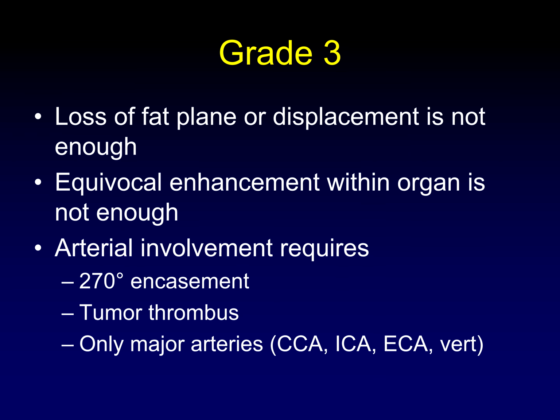So a couple of points about grade 3 iENE: the loss of fat plane between the organ and the node is insufficient. Displacement of a gland or a muscle is not sufficient. If you see a little bit of enhancement within the organ that is being invaded potentially, then that's not enough.